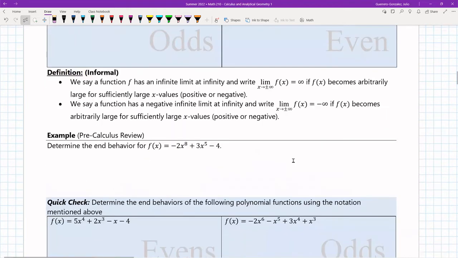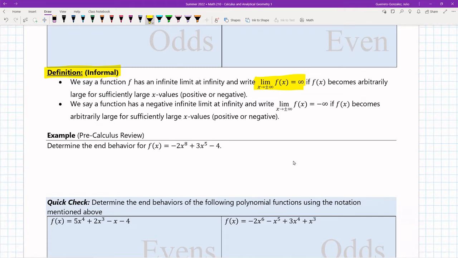Okay. All right. Another informal definition, so that we can get more used to the notation of a limit. We say that a function f has an infinite limit at infinity. We write it this way, right? If f becomes arbitrarily large for sufficiently large x values, positive or negative.